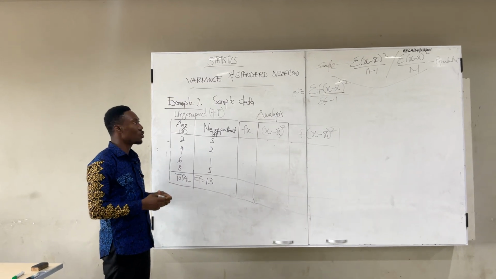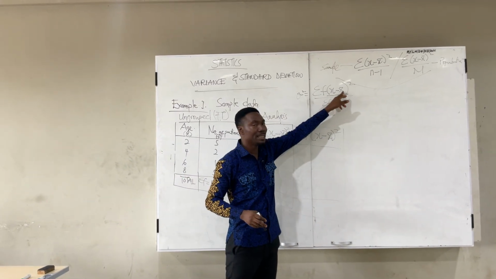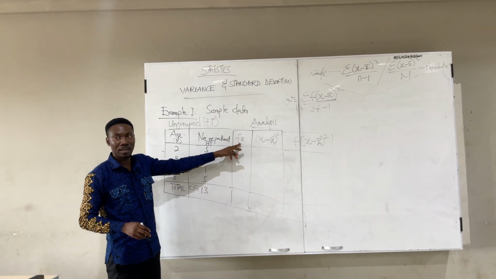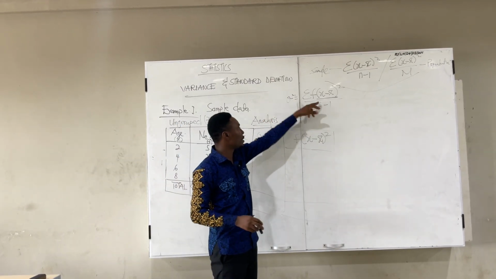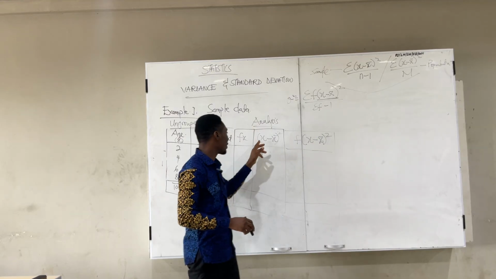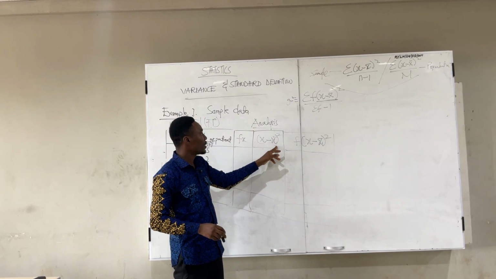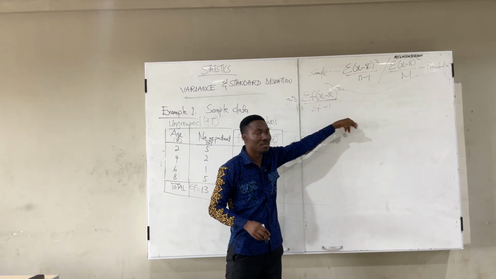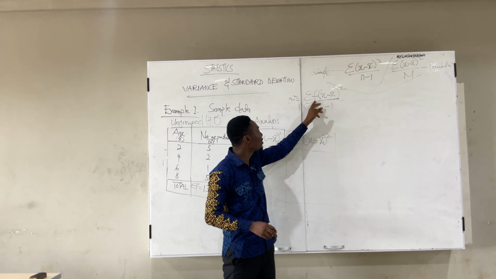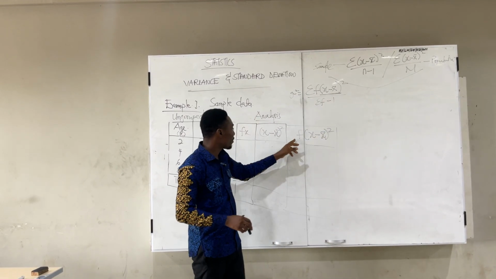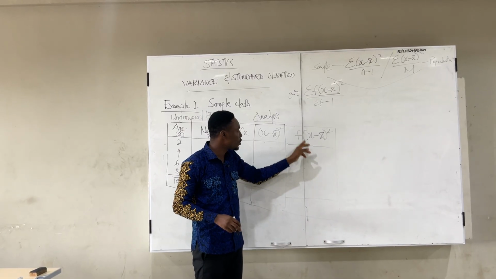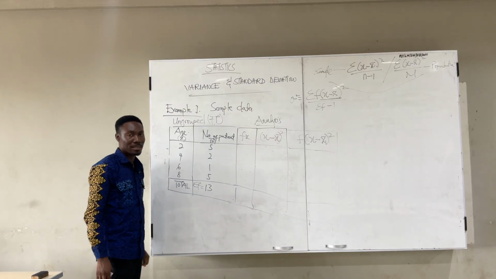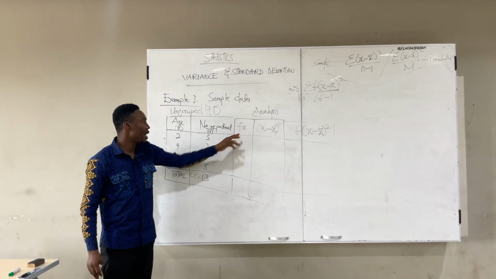Then, because we need the mean, we have to add the fx. Because we need the variance, we have to add the deviation. So this represents the deviations. Then, because the formula says sum of frequency times the deviation, you have to introduce this column, f into bracket x minus the mean, close the bracket, squared. Okay, so now let's do the fx.